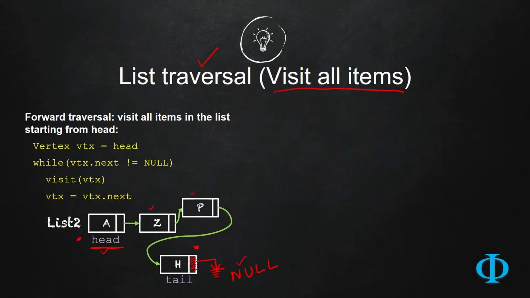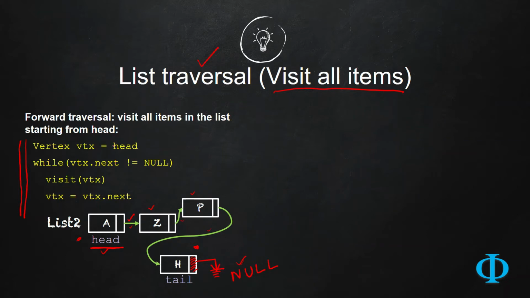And you have also learned that we can access each node starting from the head by utilizing the next link. So here you can see the easy pseudocode to traverse the entire list, starting from head and ending at null, utilizing these next links.